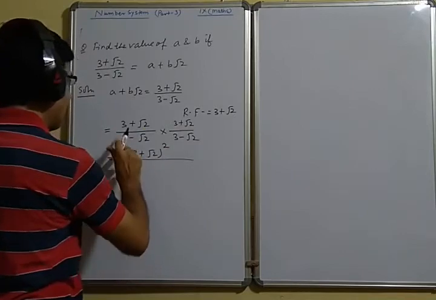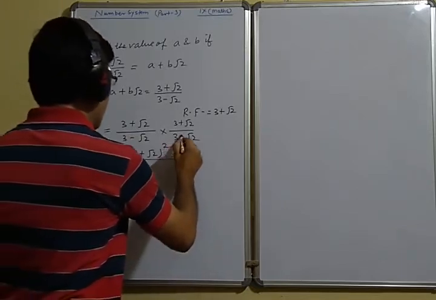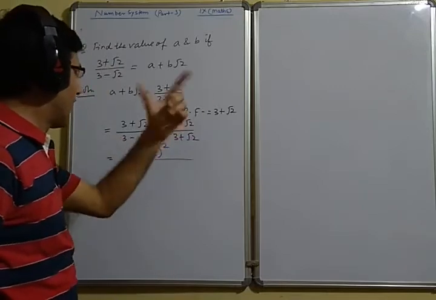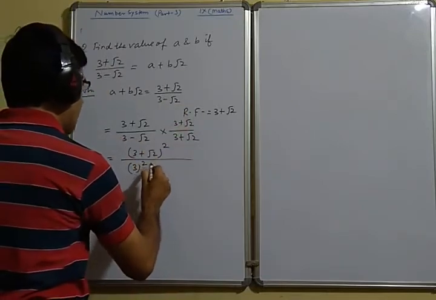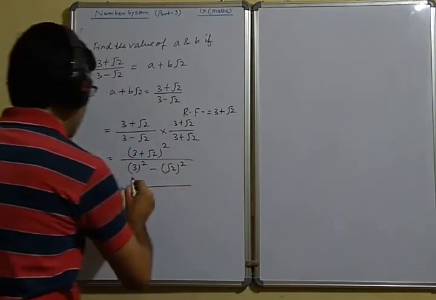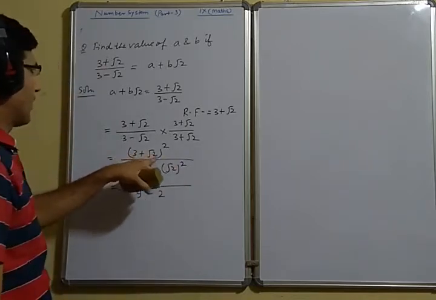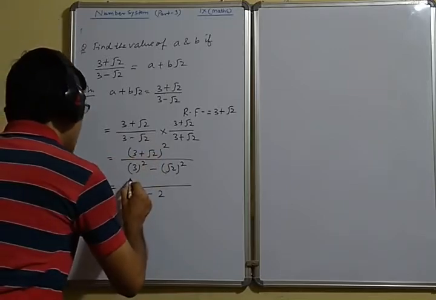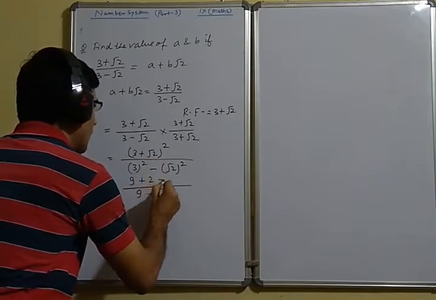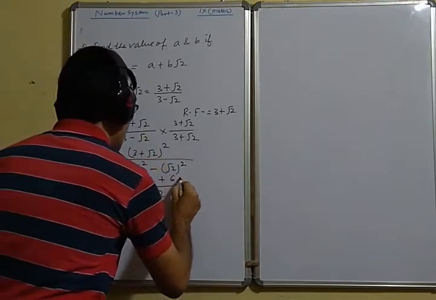In the denominator, a plus b and a minus b gives a square minus b square, so 3 square minus root 2 whole square, which is 9 minus 2. For the numerator, a plus b whole square is a square, 3 square is 9, plus b square, root 2 square is 2, plus 2ab, that is 6 root 2.